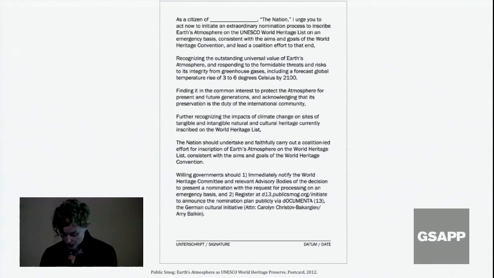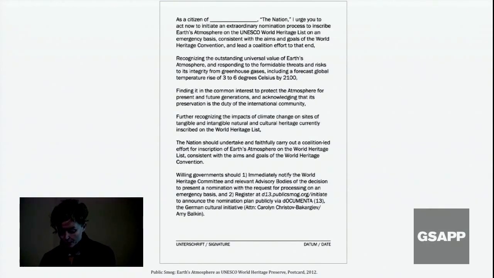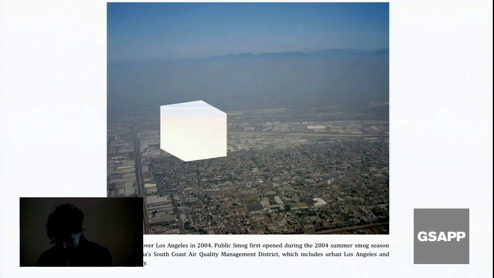Amy Balkin's 2004 to 2012 project Public Smog is one artistic proposition for asserting the air as a commons. In this work, she attempted to submit Earth's atmosphere for inscription on UNESCO's World Heritage List, which was unsuccessful. The project also consisted of purchasing and retiring emissions in regulated emissions markets, making it impossible for polluters to purchase them.